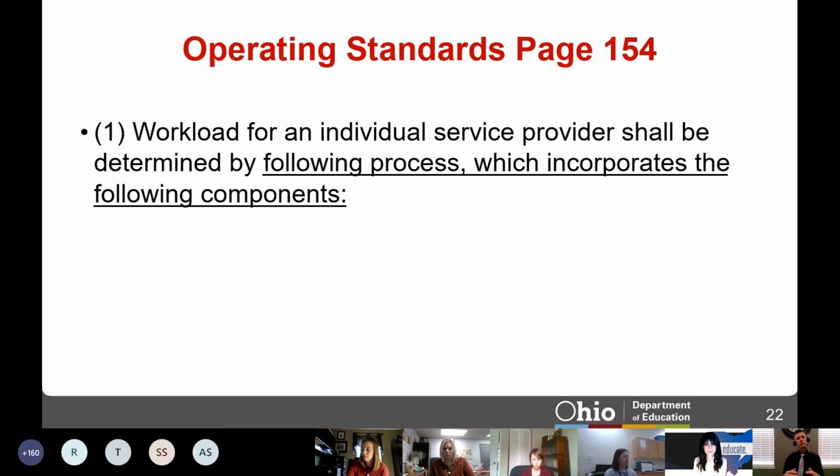How you get there is up to you guys, but the outcome is the same. We want to make sure that we are following the workload rule. We want to make sure that we are achieving those important outcomes, FAPE, least restrictive environment, making sure our students are making progress toward their IEP goals, making sure that we're compliant, and then making sure that our maximum caseload ratios are not exceeded.